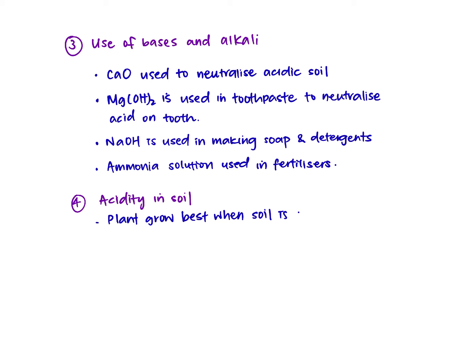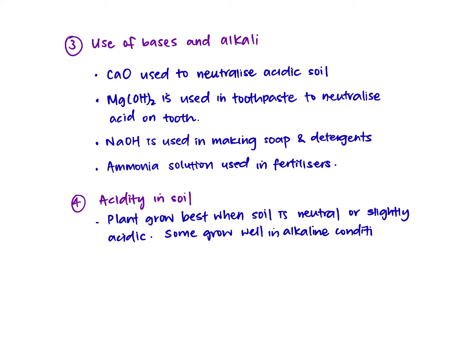Okay, acidity in soil. Some plants grow best in neutral, some in acid, some in alkaline condition. But it cannot be super acidic. So we can use alkaline or base to increase the pH value so that it becomes neutralized or in an alkaline condition.